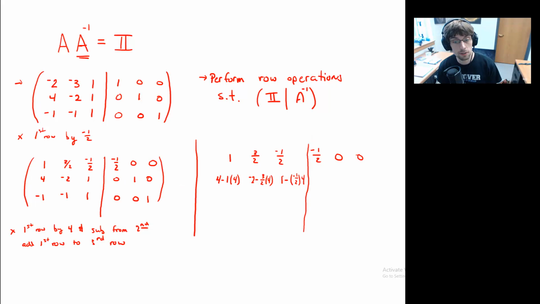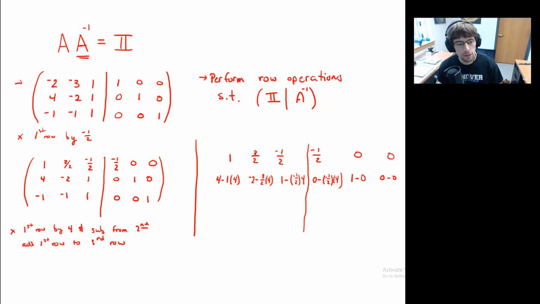Now, here's the next piece. I have 0 minus -1/2 times 4. Excuse me, I'm a little cramped here, so let me rewrite those. The second one, I have 1 minus 0 times 4. And then I have 0 minus 0 times 4. So those next two entries don't change at all.